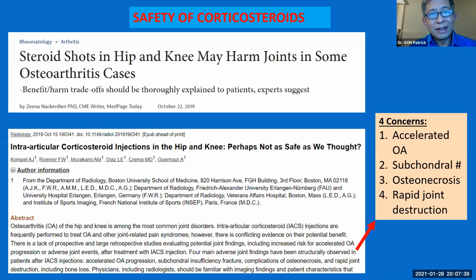It's probably because they are that effective, but I think we have to be cautious that they could, and it's expressed in this article, accelerate the osteoarthritis. They could be associated with subchondral fractures. They could be associated with osteonecrosis and a more rapid joint destruction on the whole. So I think that sums up the main concerns with steroids, at least from the orthopedic angle.